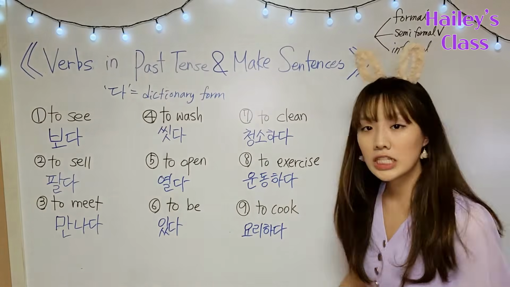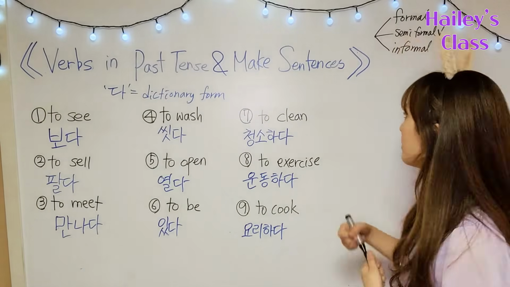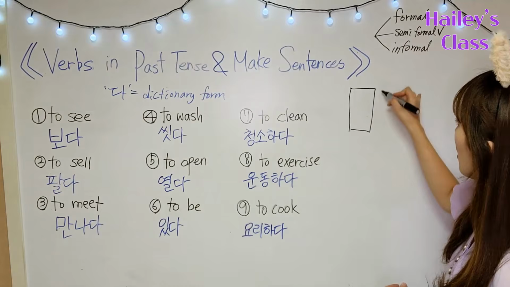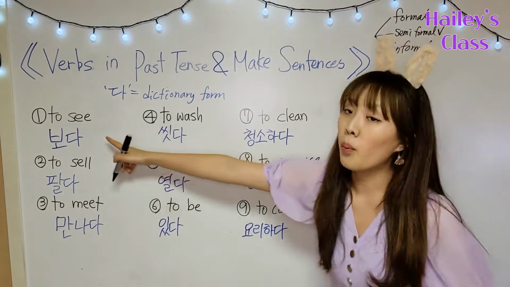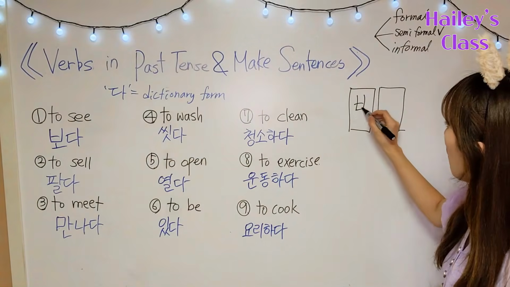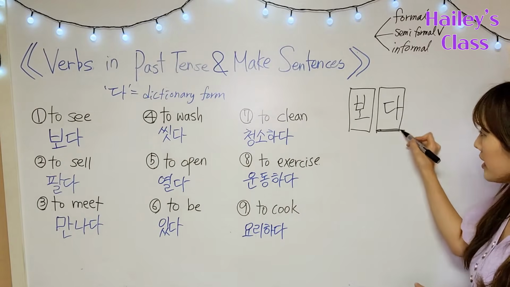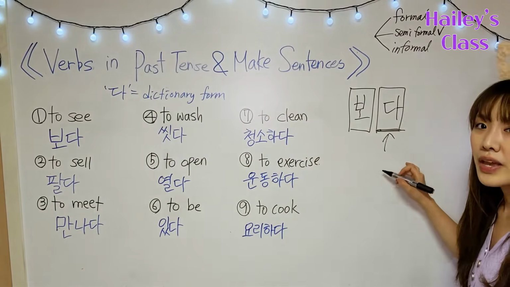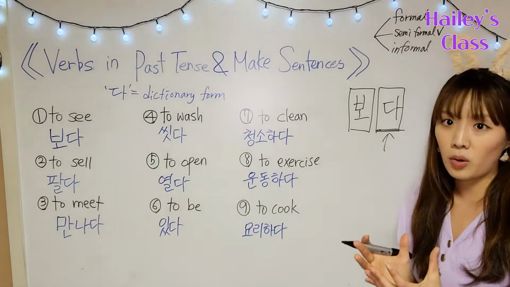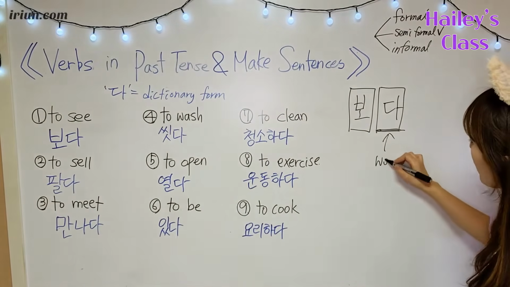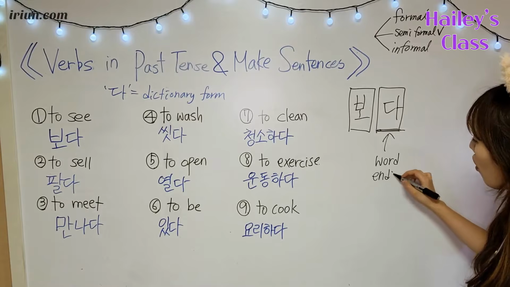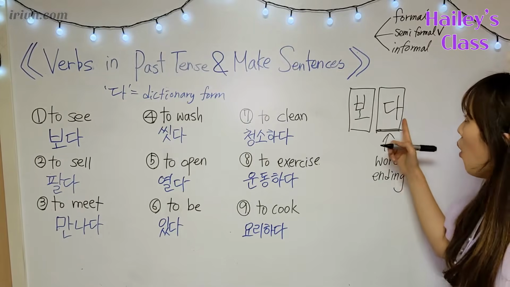Okay, I'm going to teach you the grammatical thing. So in Korean words, for example, 보다, there is 보다, and this part is only for the grammatical points. This is the word ending. It means word ending.